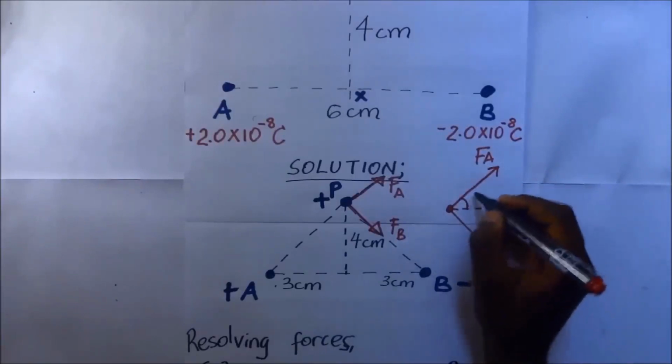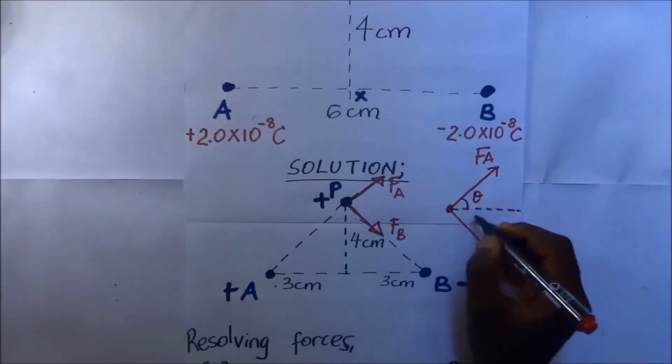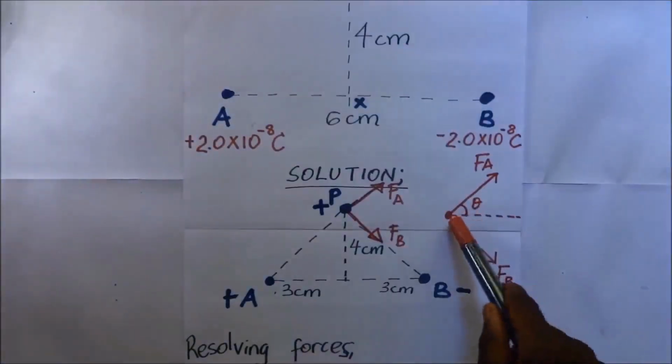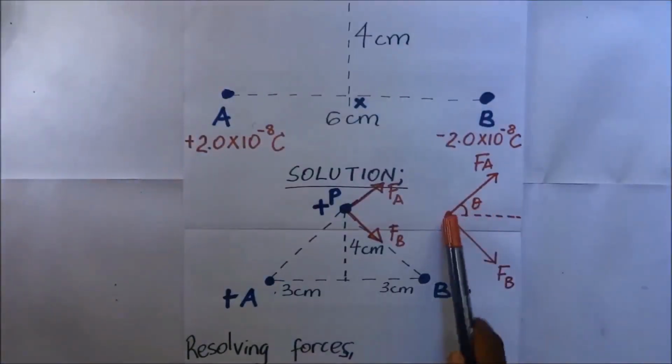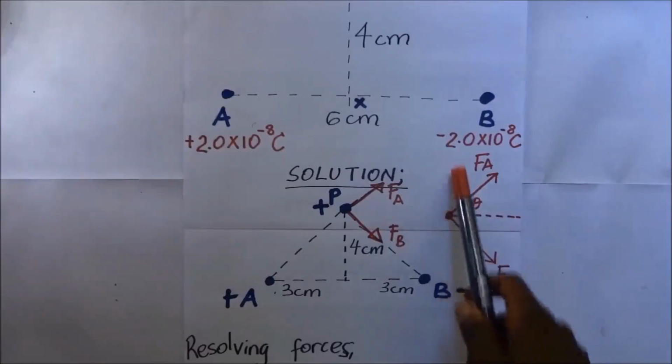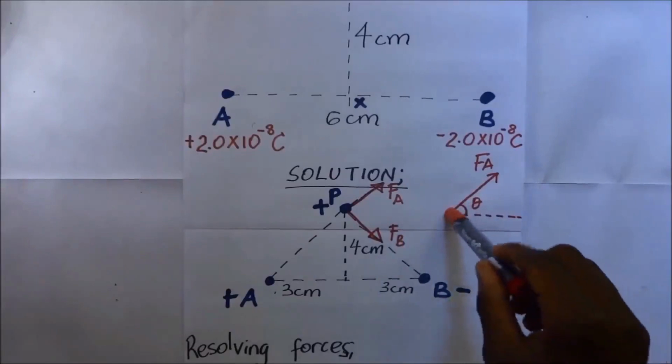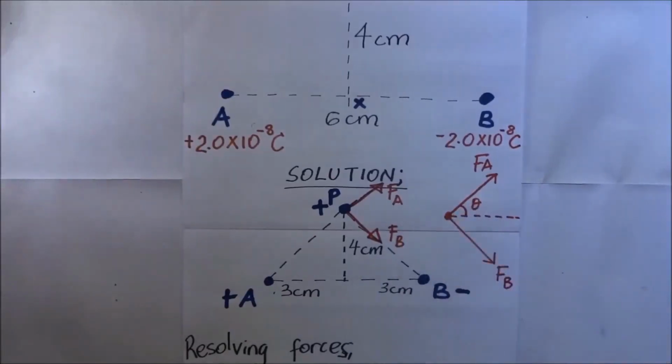Let's call that angle theta, and let's also call this one theta. To find the resultant force on P, we need to resolve the forces at this point, both horizontally and vertically. After resolving those forces, we are able to find the resultant force acting on point P.